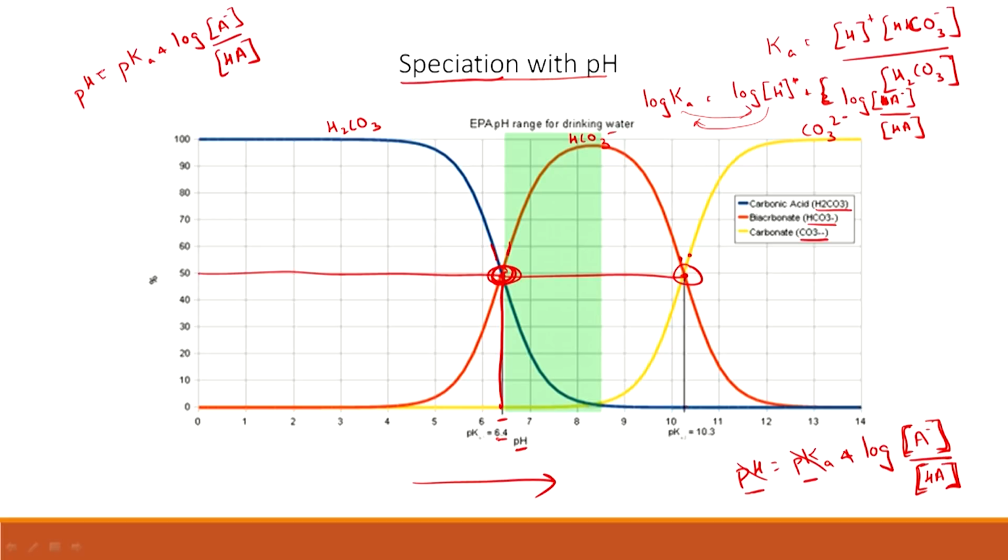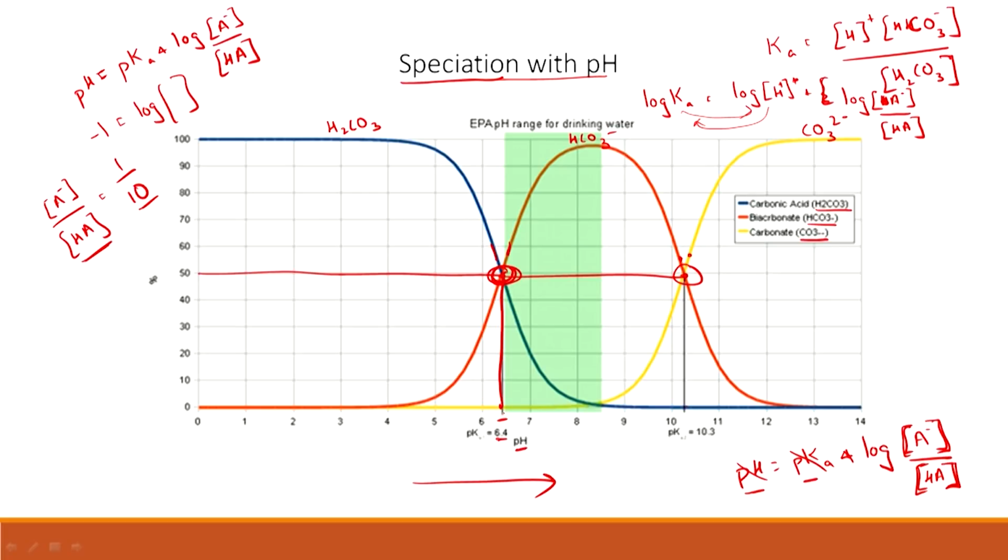If I have 6.4 as my pKa, and the pH is 5.4, then pH minus pKa will be minus 1, which is equal to log of this particular set of terms. So, what will I have? I will have A minus by HA is equal to 10 to the power of minus 1, or 1 by 10, or you see that HA is going to be 10 times the concentration of A minus.